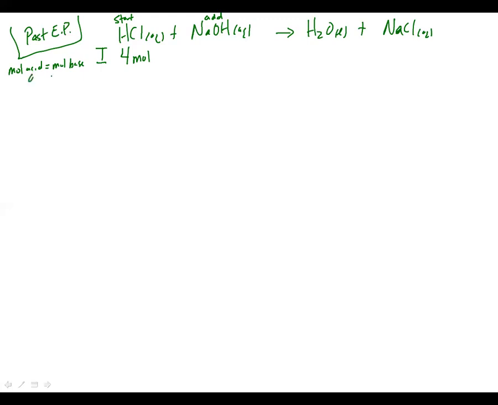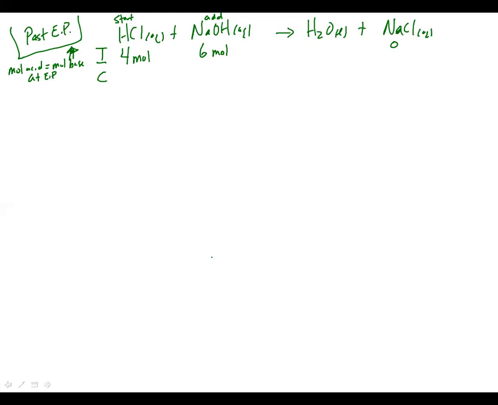So when we go past the equivalence point, essentially what you're doing is just dumping a whole bunch of base in there, right? So again, I'm just going to make up a number here for sodium hydroxide. I'm going to call it 6, which is more than 4. Now, the same thing happens here that we talked about when we added way too high of a concentration of acid to our buffer.